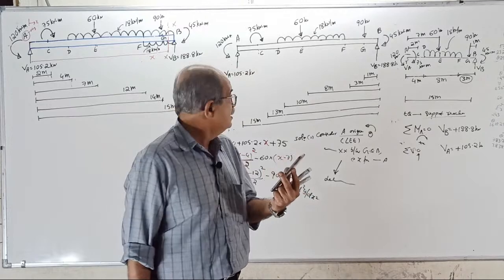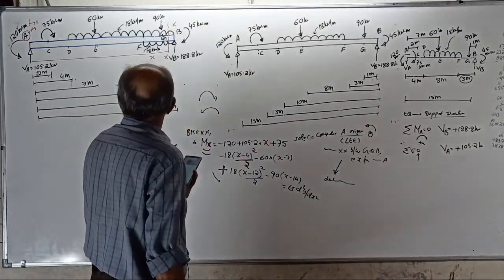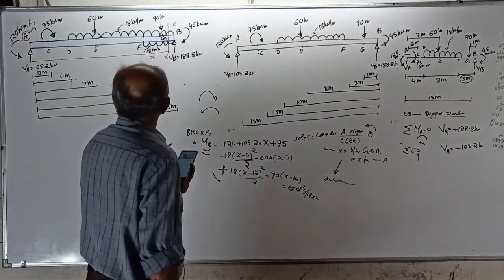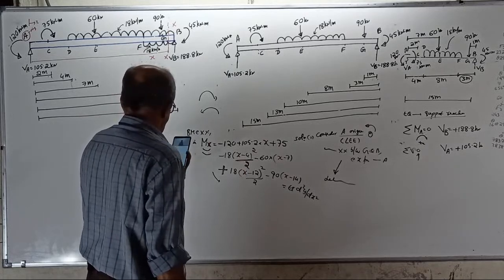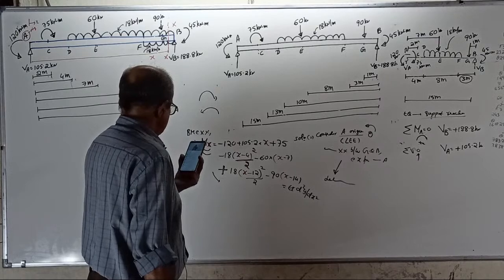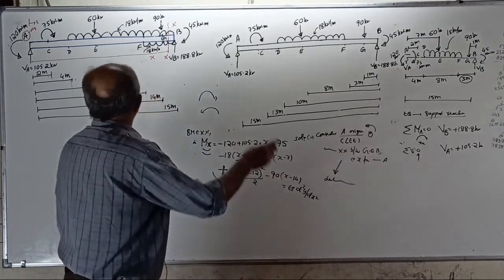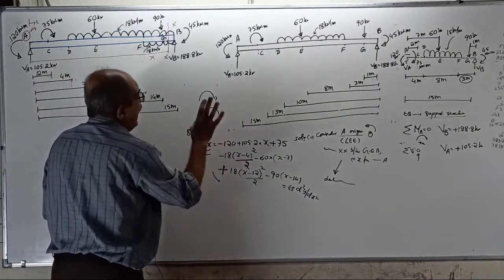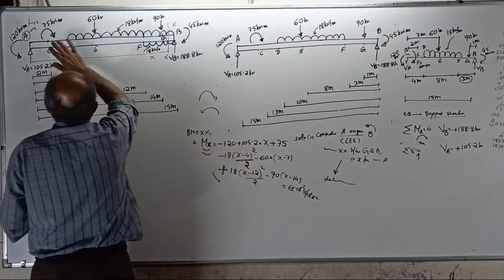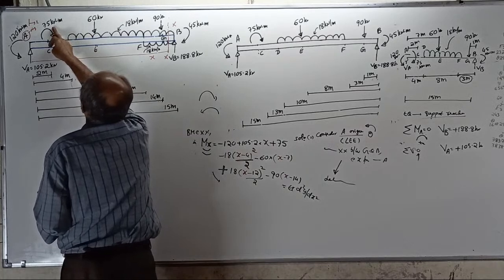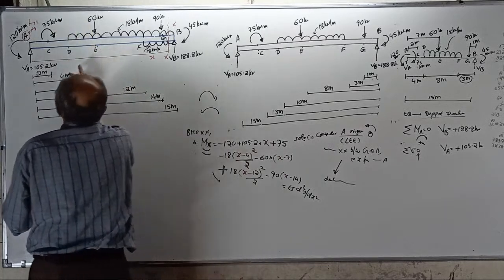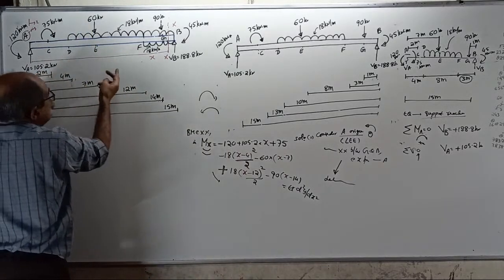Anything at the origin, no bracket. Now, suppose I want bending moment here. Will this couple come or not? Tell me. Suppose I put X equal to more than 2 meter.